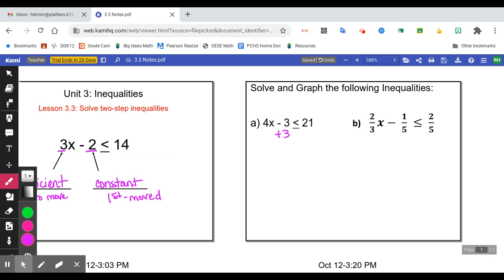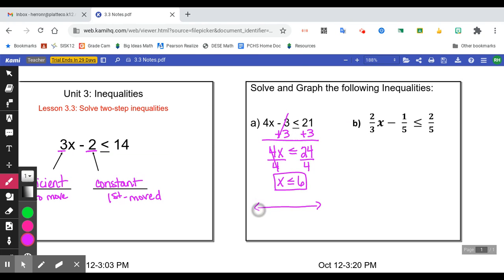So I'm going to add 3 because it is subtraction. Our rules still apply today too with the multiply and divide by a negative. We're going to have to flip that symbol if that happens. So we've got 24 there. This is multiply, so I'm going to divide by 4, and I have x is less than or equal to 6. So there's my inequality.